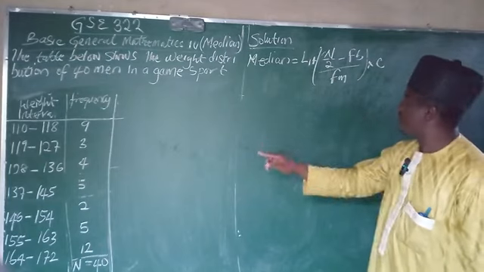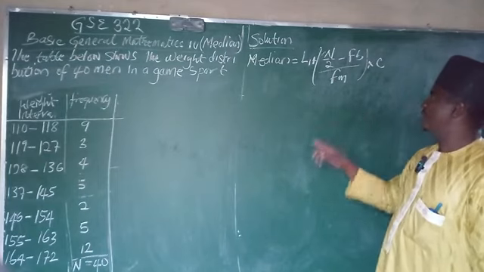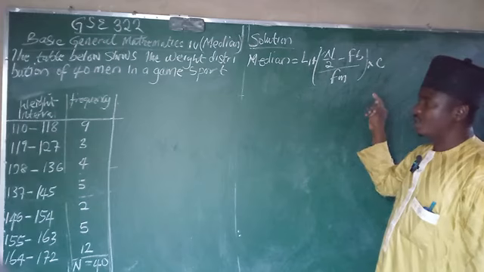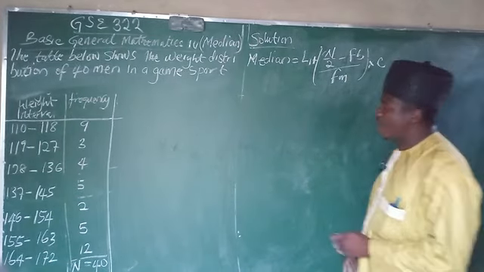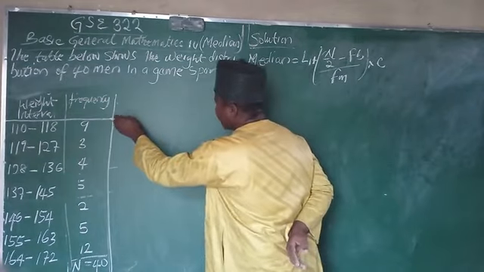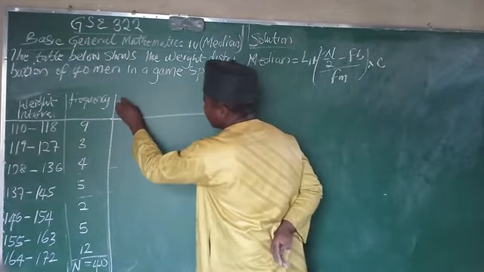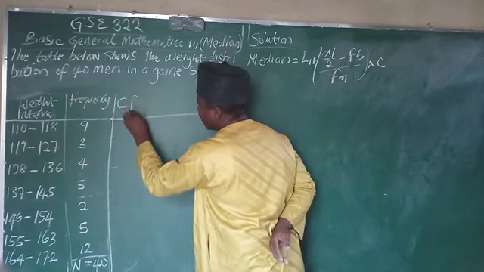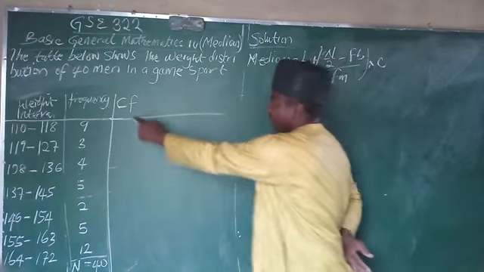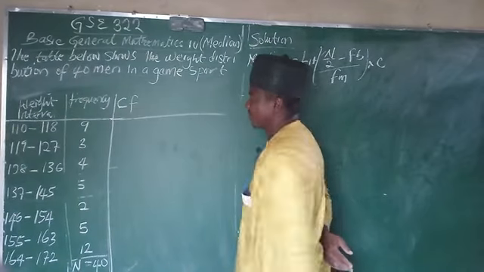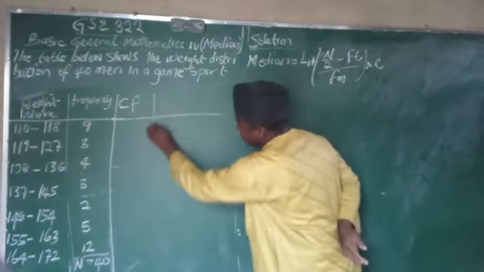As such, we have to find the cumulative frequency and also the class boundary. So now we shall come here. This is CF, cumulative frequency. C stands for cumulative, F stands for frequency.